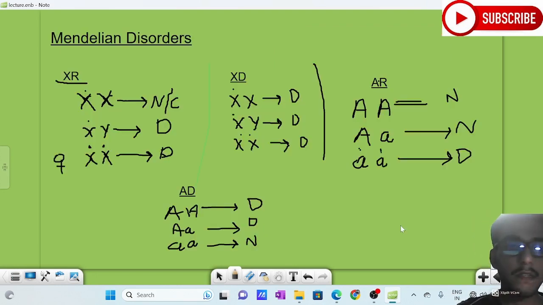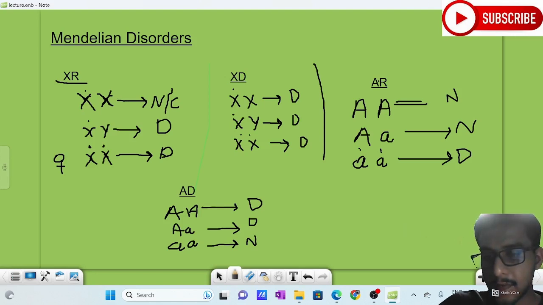This is actually the things to be delivered. Next we are going to study each and every disease in detail. So first disease we will go through in an order. First we will be dealing with color blindness and also hemophilia.